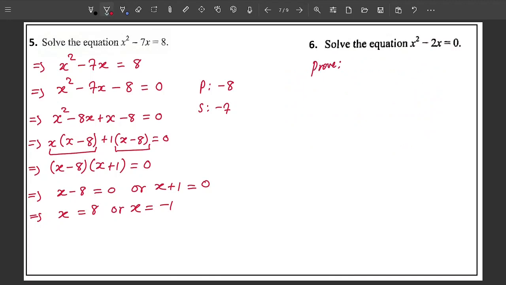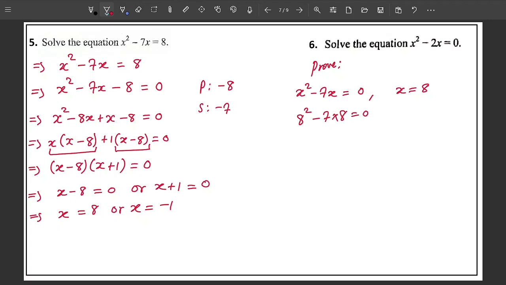So we can pick our equation x to power 2 minus 7x is equal to 0. So let's say first of all, let's use x is equal to 8. So where there's x, we'll put 8. So say 8 to power 2 minus 7 times 8 is equal to 0.